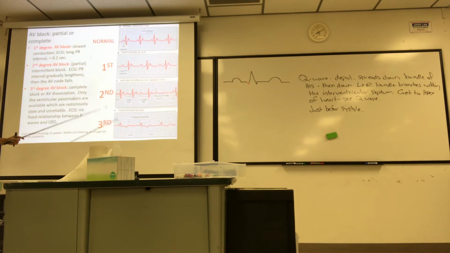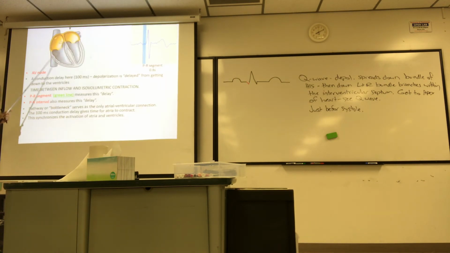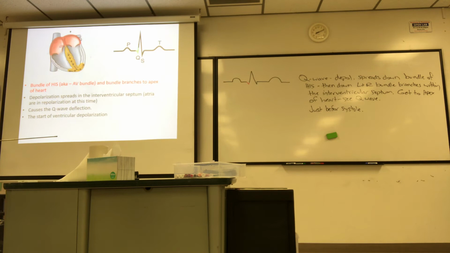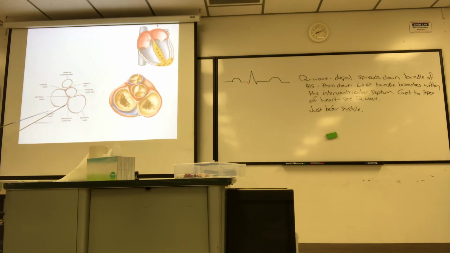I didn't realize this for like decades. You see how the depolarization spreads all the way up to there and it just stops? How come it doesn't go down the whole thing? Why does it go down this little bundle of His there? The anatomical reason is that the fibrous ring structure of the valves, connective tissue, doesn't conduct the electrical signal. So it's forced down this tiny hole, and that is the opening for the bundle of His.